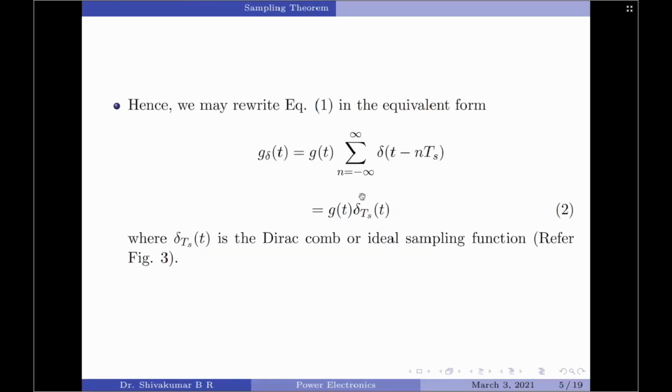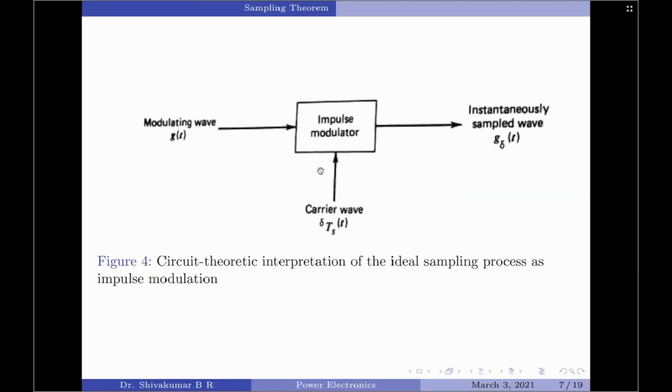Coming back to equation 2, we may view the discrete time signal g delta of t generated by the instantaneous sampling as the output of an impulse modulator, which operates with g of t as the modulating wave and delta Ts of t as the carrier wave. In fact, we can build a simple circuit theoretic interpretation of g delta of t using the diagram shown here.